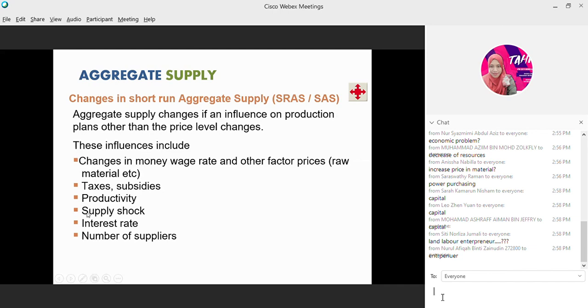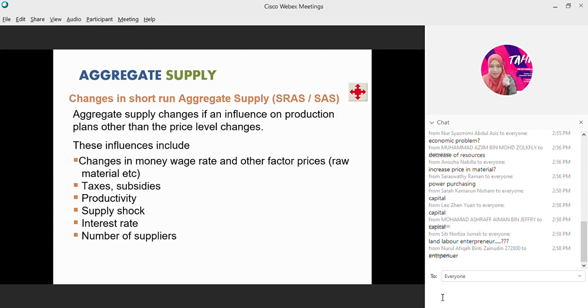Next is supply shock. We have 2 types of supply shock: positive and negative. I'm not sure if I have explained the supply shock on our next slide. But positive supply shock means that suddenly we found new resources, something like that.